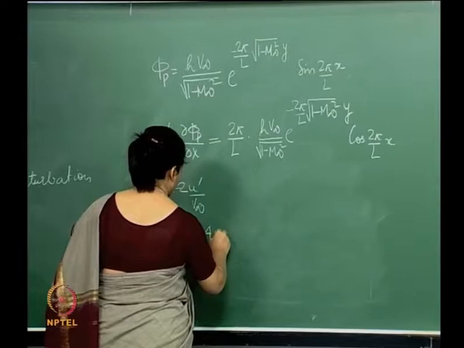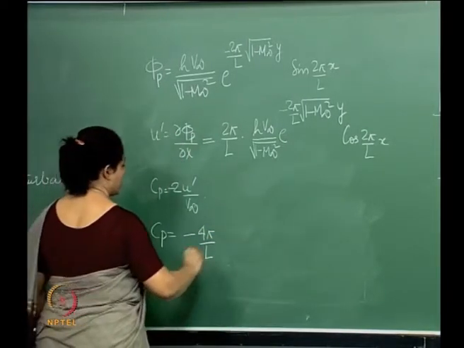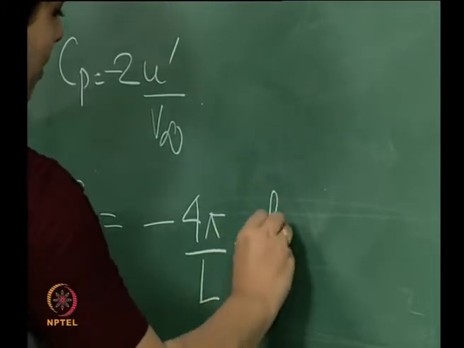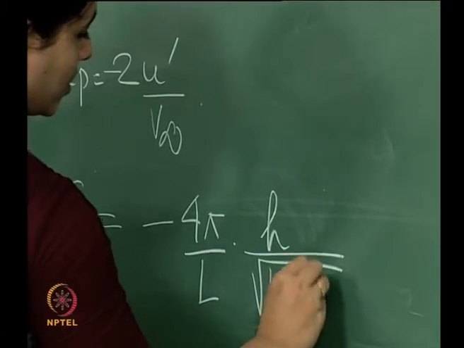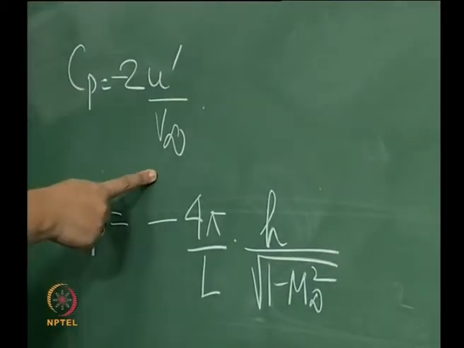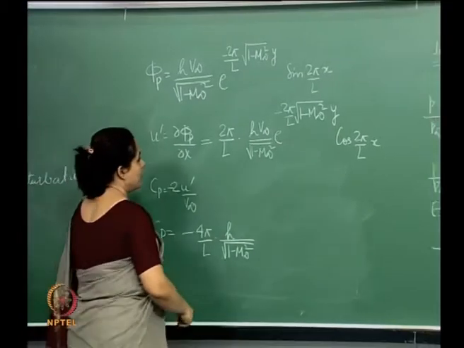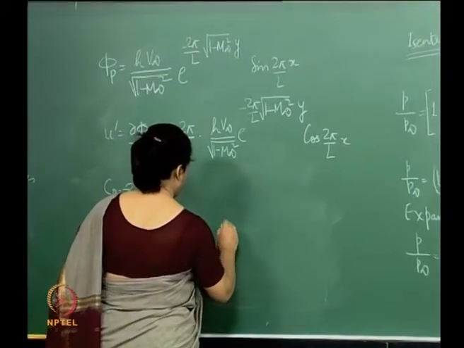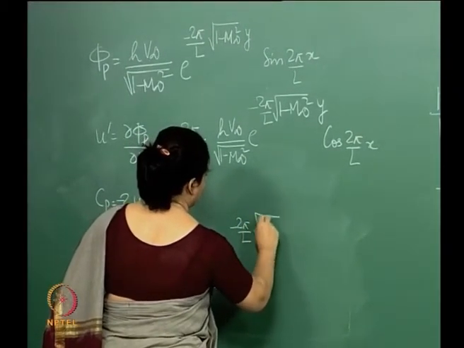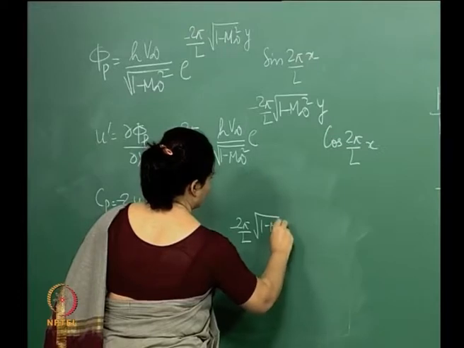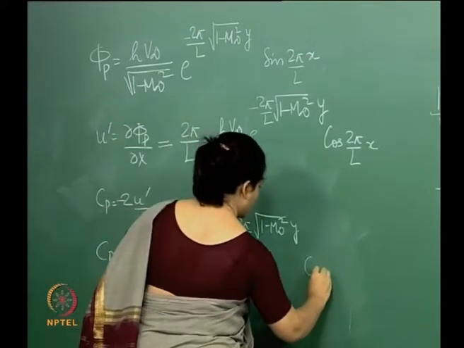So which means that Cp is equal to minus 4 pi by L, h by, okay, we divide by v infinity, so that cancels out, and e to the power, okay, into.